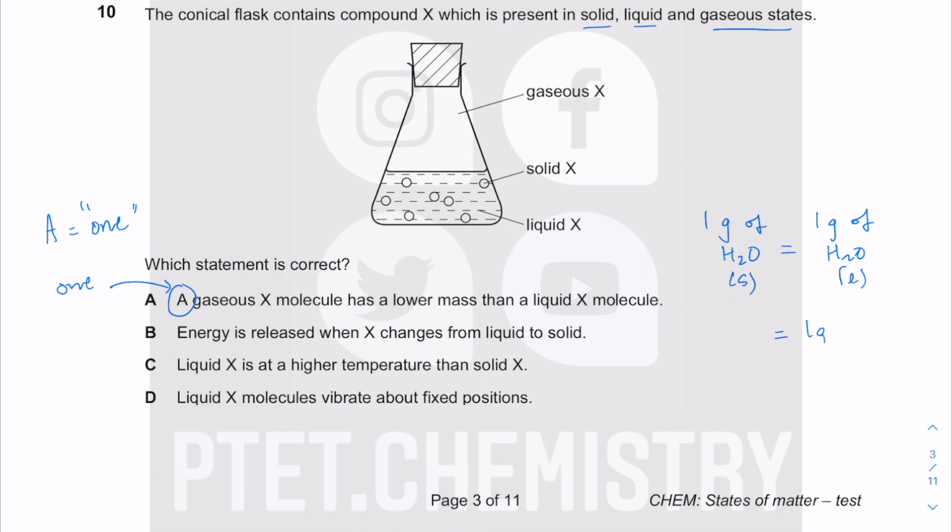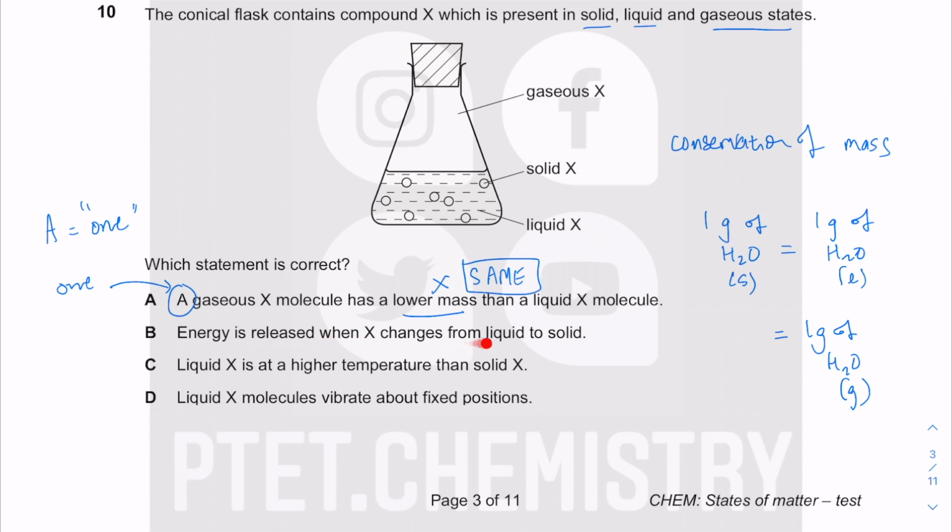It will be the same mass as 1 gram of H2O gas, because this is called conservation of mass. Have you lost any atoms? No, you haven't. The H2O is still H2O. So you haven't lost anything. You haven't gained anything. How can your mass be changing? Okay, so lower mass is ridiculous. They have the same mass, all right? It is the same mass because it is the same substance, X, X, and X.